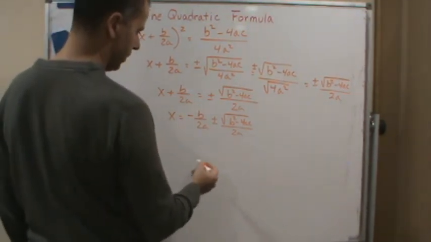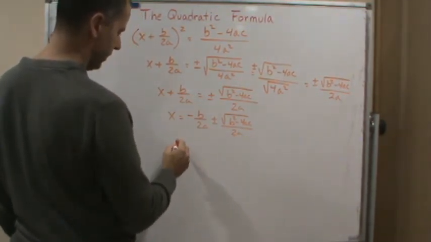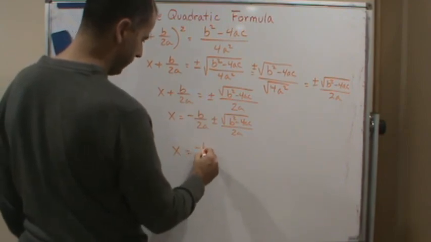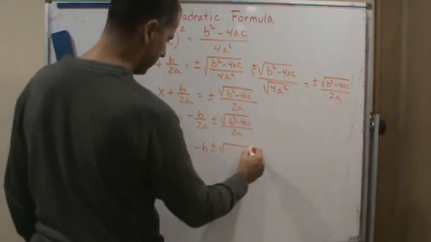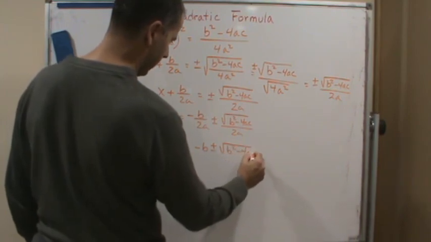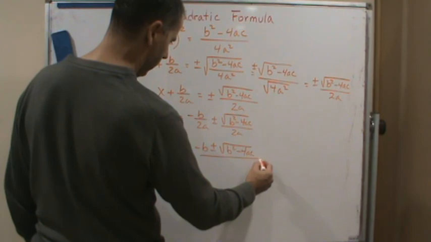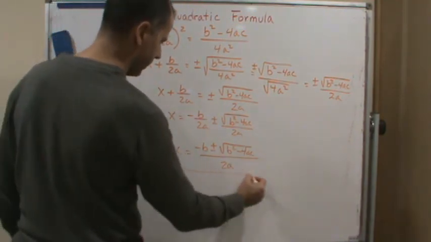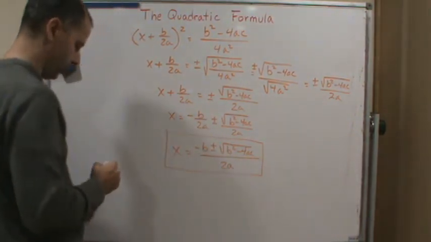And now I just combine it into one fraction, and I get the quadratic formula, which is negative b plus or minus the square root of b squared minus 4ac, all divided by 2a. And this is what we call the quadratic formula.